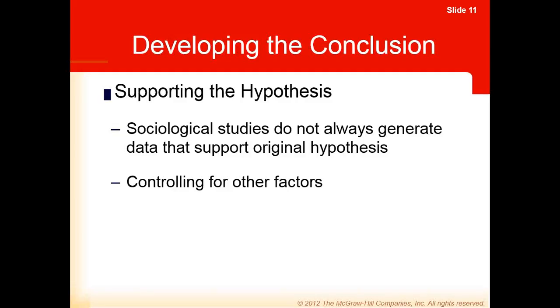One of the things we have to worry about, of course, is controlling for other factors. When I was an undergraduate, I did research on observation affecting behavior, and my hypothesis was, coming from a symbolic interactionist perspective where it's about interpreting meanings, that open observation of people would force them to alter their behavior.